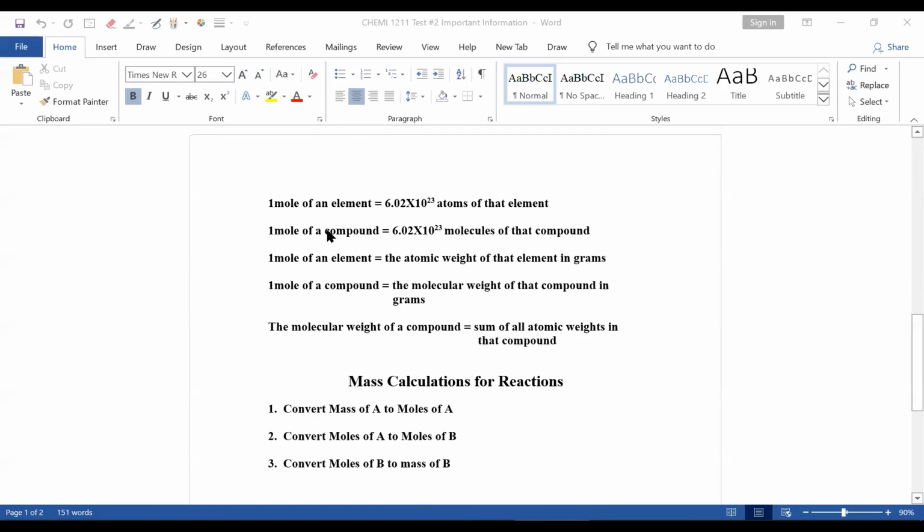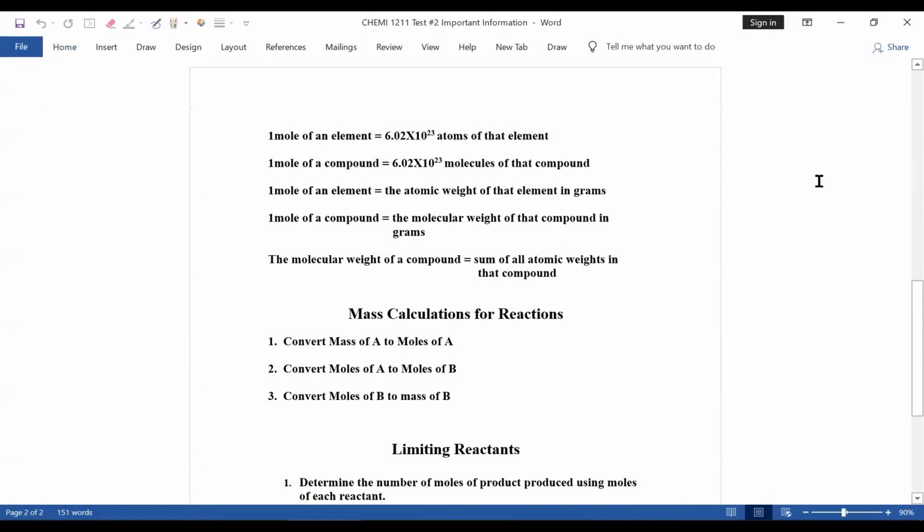Next, I give you these relationships right here. And you should know how to use them, and use your good buddy, your good friend, unit analysis. And here for the mass calculations, this I'll give you. I'm not giving you this on there, and you should remember that the coefficients give you molar relationships between reactants and products.